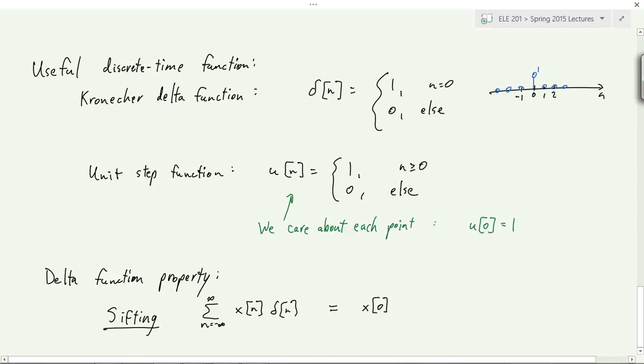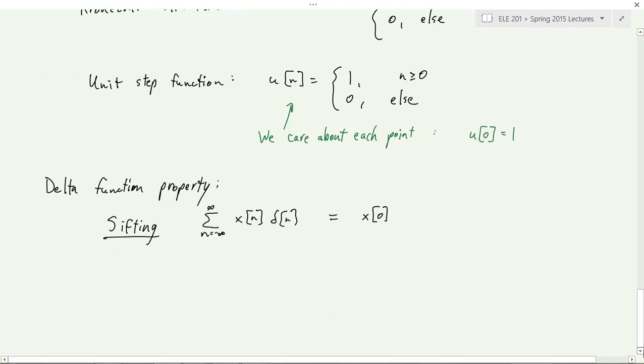Okay, let me state a slight generalization of this, one that you'll usually find a little more useful. If you sum n equals negative infinity to infinity of x of n times a shifted delta, delta of n minus something, let's say cap N, that's just going to be the value of x at cap N, because the shifted delta is just a 1 at cap N. That's all it is, right?